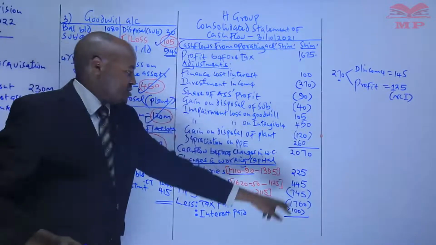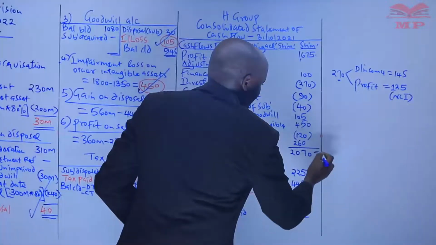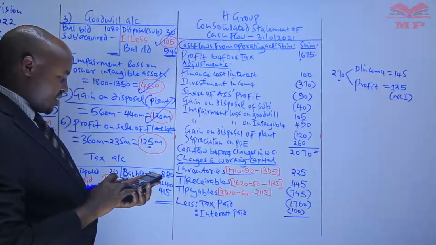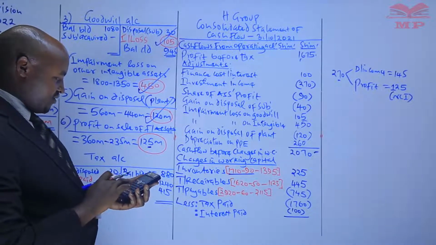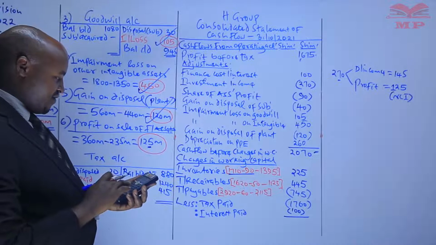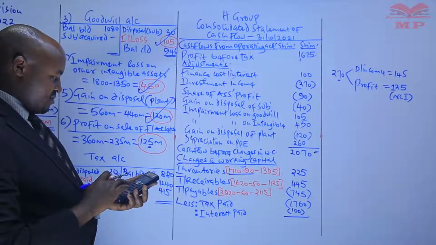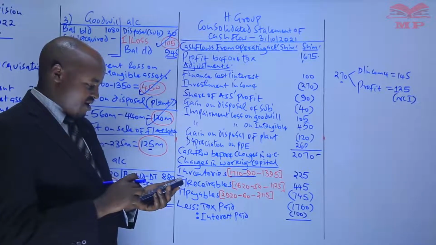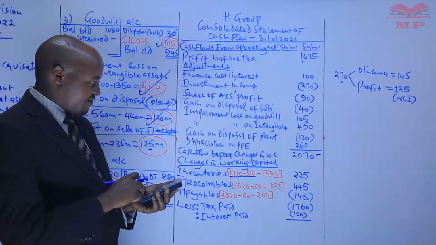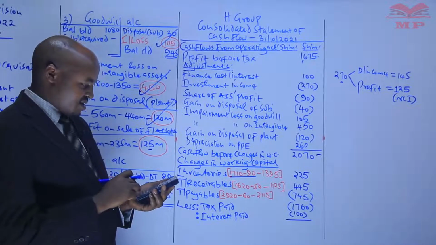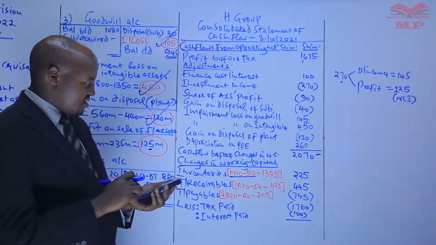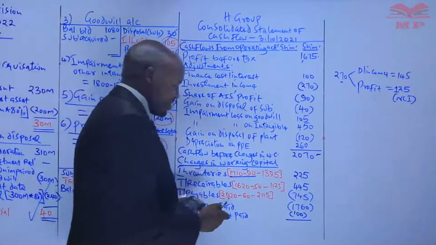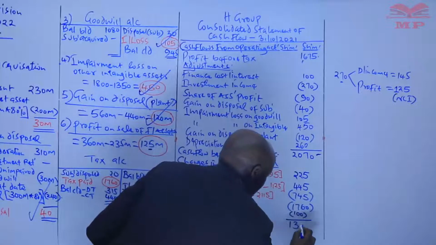So we need to work out all this. We take 2070 plus 225 plus 445 minus 745 minus 1760 minus 100, and that will give us 135.